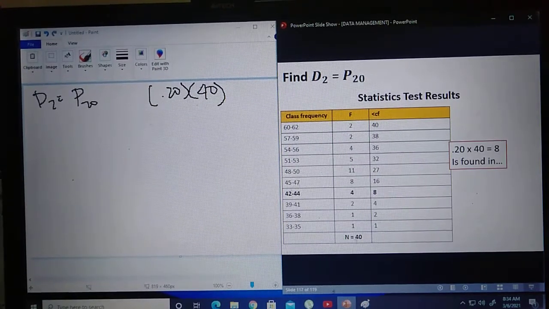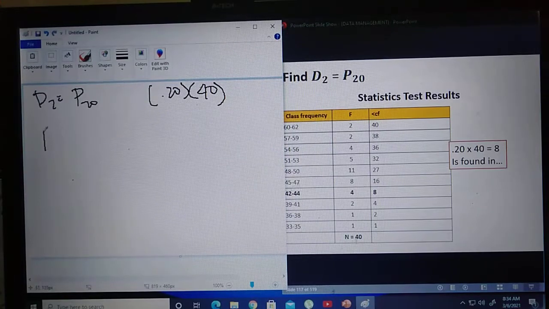So our lower boundary again, automatic. Lower boundary, it's 41.5 plus our interval 3. And then 8. And then what is the cumulative frequency before? It's 4, correct. And the frequency of the percentile interval, that's 4.